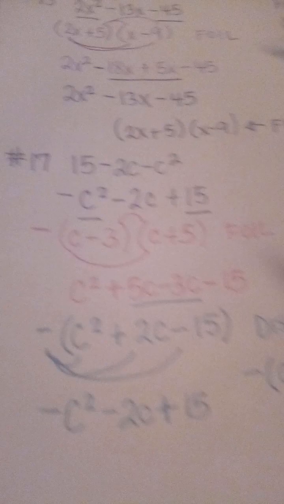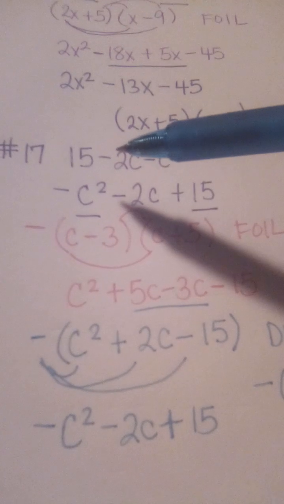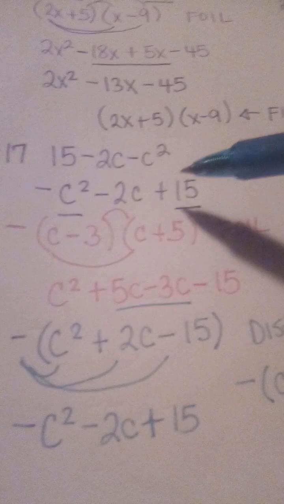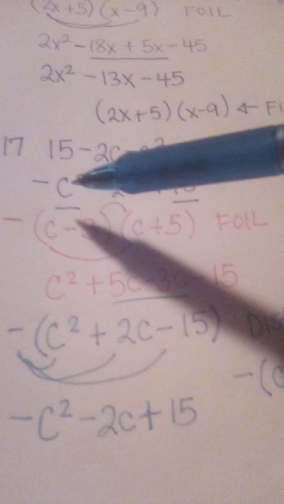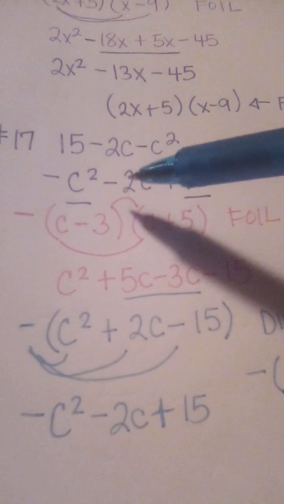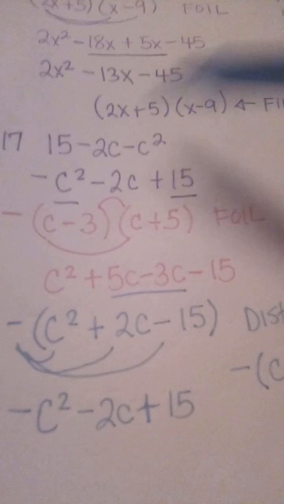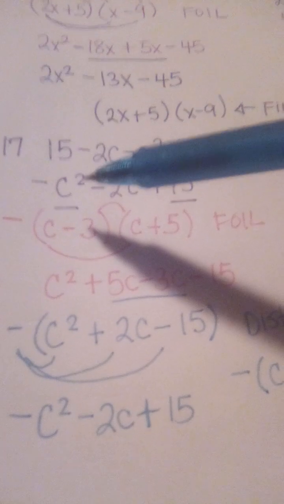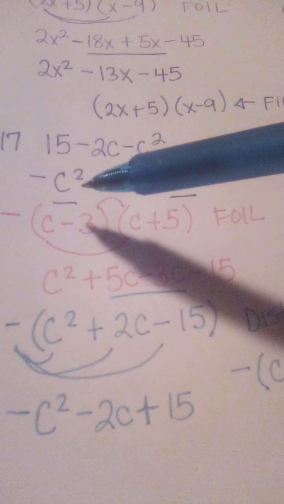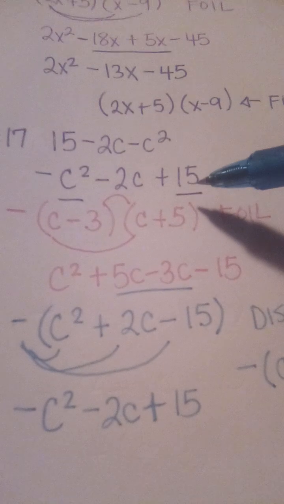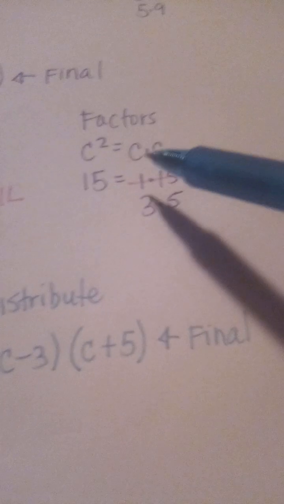Recap for the problem. When you see this 15 minus 2C minus C squared, do the reorder, which is negative C squared minus 2C plus 15. Then ask this question: is this equation factorable? Yes, because we have C squared and the factors of 15 on the right side.